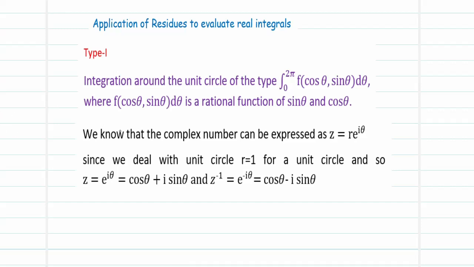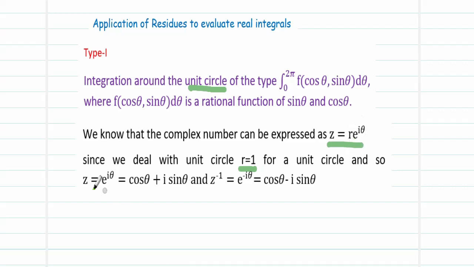What we know about the complex number z is that I can express it as r e power i theta. But what we use over here is the unit circle. What do we mean by unit circle? A circle of radius equal to 1 unit. If the radius is 1, r will be replaced as 1.